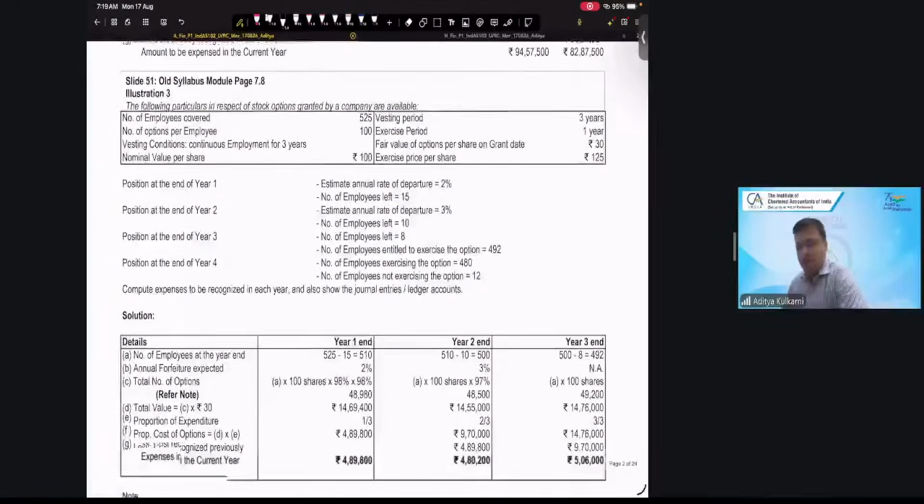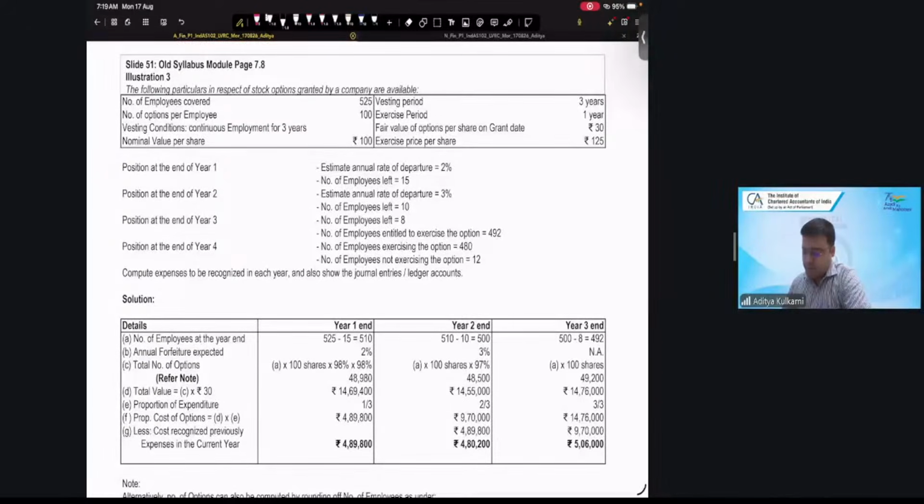The following particulars in respect of stock options granted by a company are available. Number of employees covered 525, options per employee 100, vesting condition continuous employment for 3 years. Nominal value, that is face value, 100, exercise price 125, fair value of options on grant date is 30, exercise period is 1 year, vesting period is 3 years.